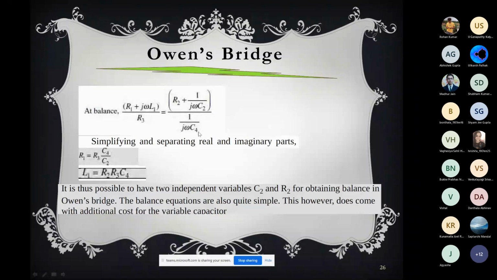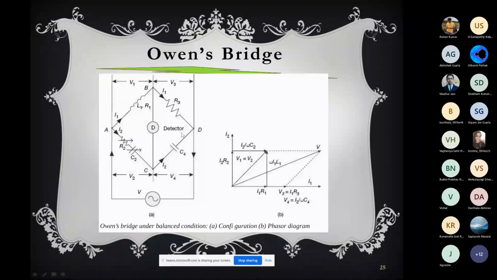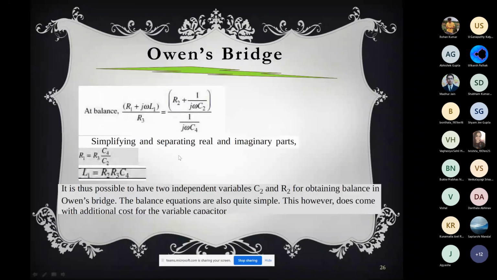It is the fourth arm. So if you multiply the two sides and then simplify, equating the imaginary part as well as the real part, you will get R1 equals R3 C4 by C2, and L1 equals R2 R3 C4. You will get L1 equals R2 R3 C4.